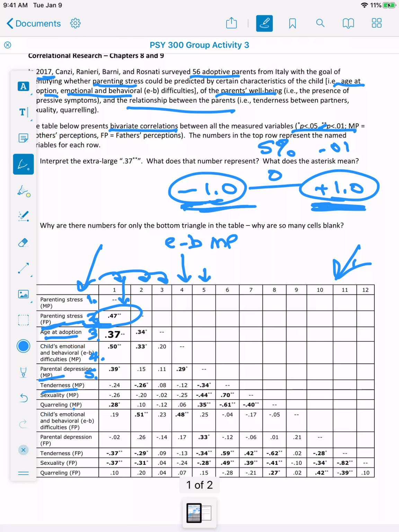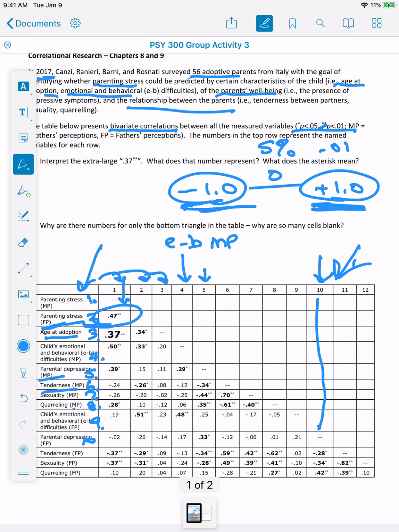And as we move over the columns, you can see the same thing happening. So here's column 10, and that reflects parental depression as rated by dad.